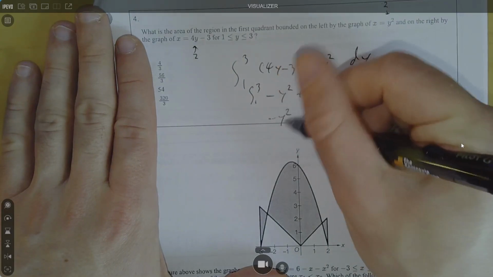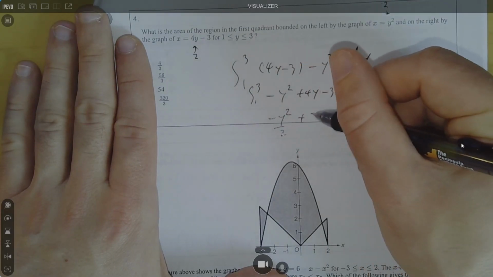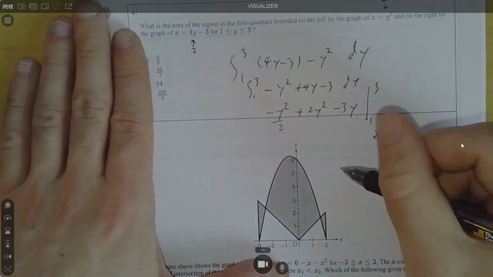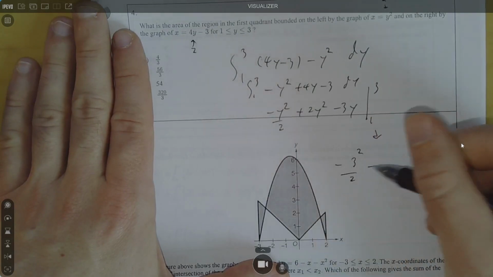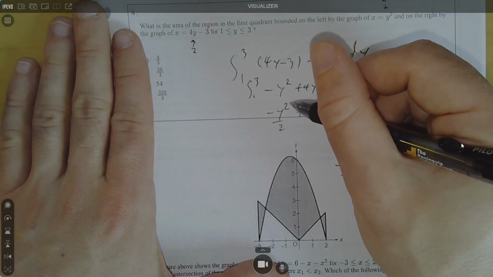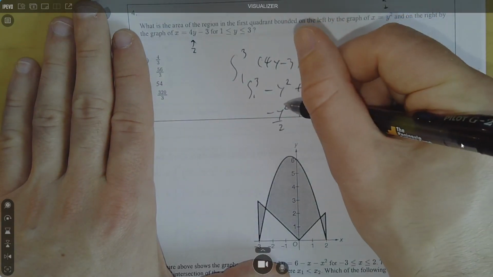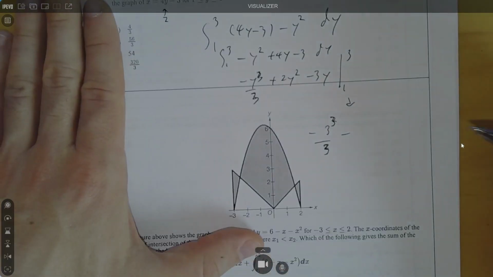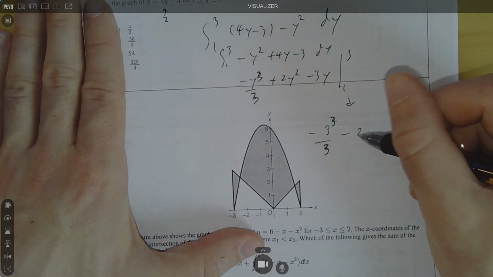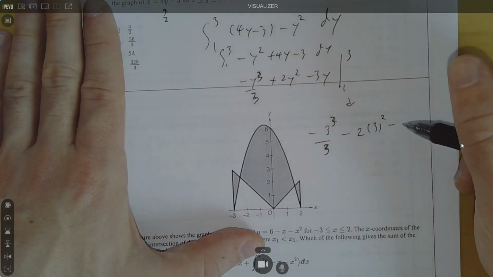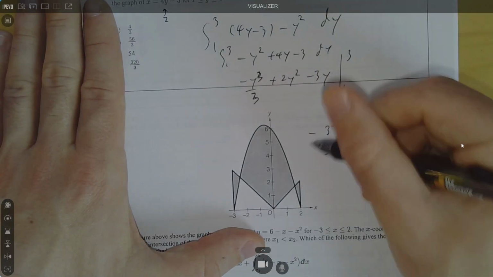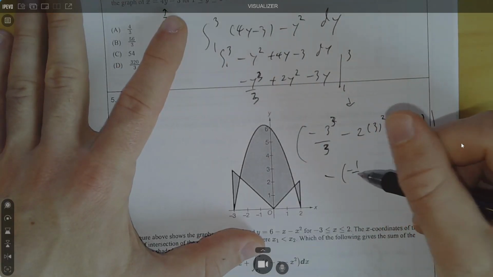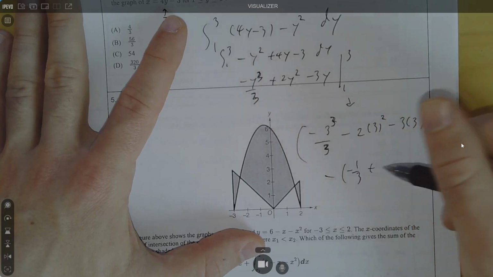Then we're going to anti-differentiate. We're going to get negative y cubed over 3 plus 2y squared minus 3y from 1 to 3. Then we're going to plug in the 3. We're going to get negative 3 to the third over 3, my bad, minus 2 times 3 squared minus 3 times 3, all minus, plug in a 1 for everything: negative 1/3 plus 2 minus 3.